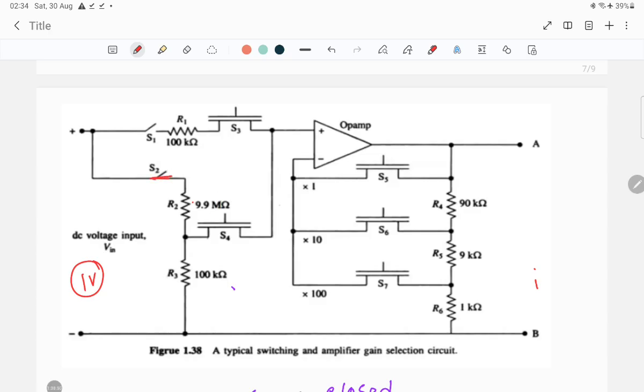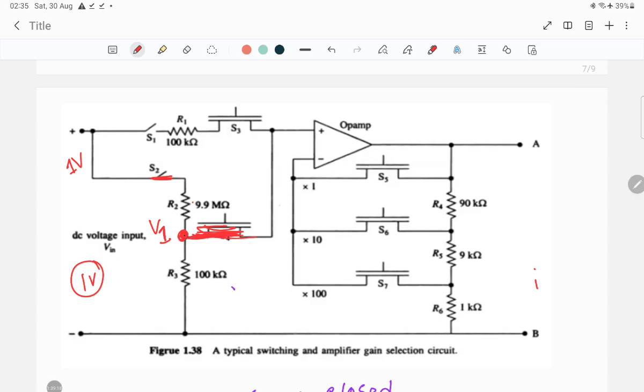So it will be shorted, then S4 will be shorted. So if my input signal is 1 volt, then whatever the voltage is appearing over here, that V input, this V1 signal, needs to be amplified with some gain factor.